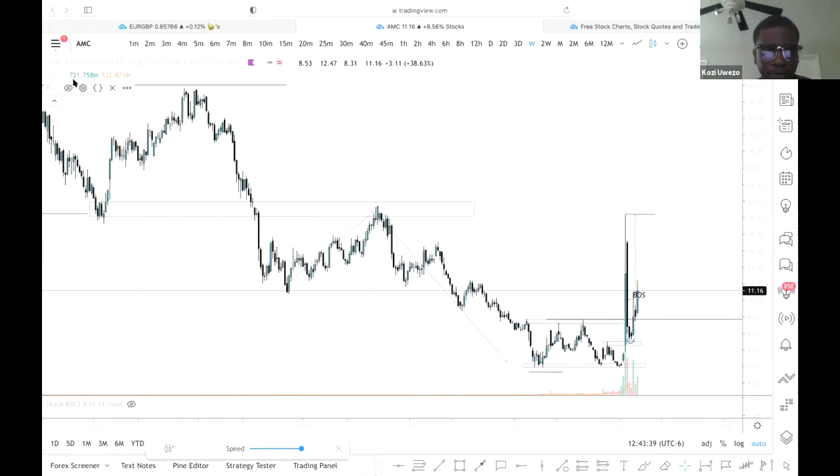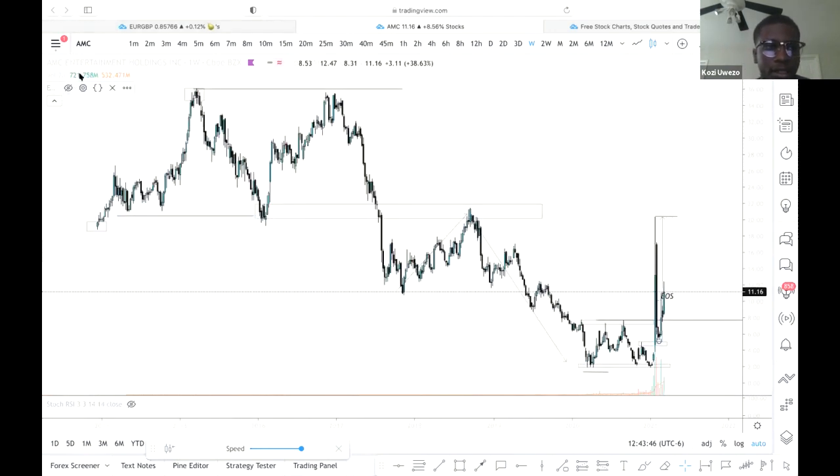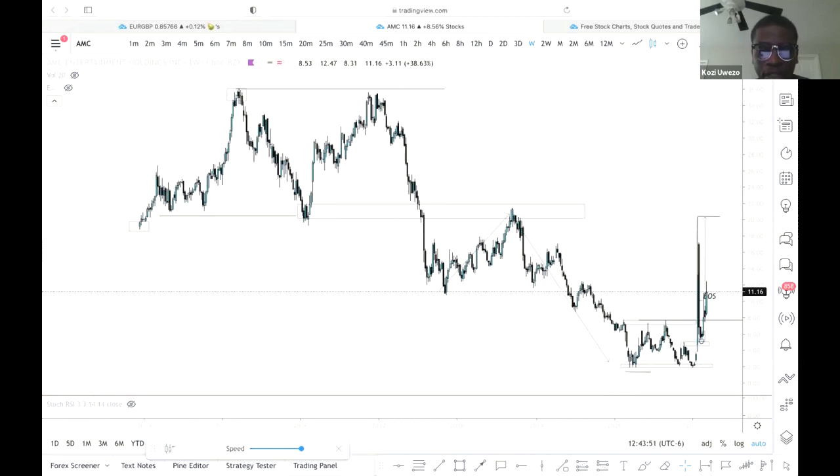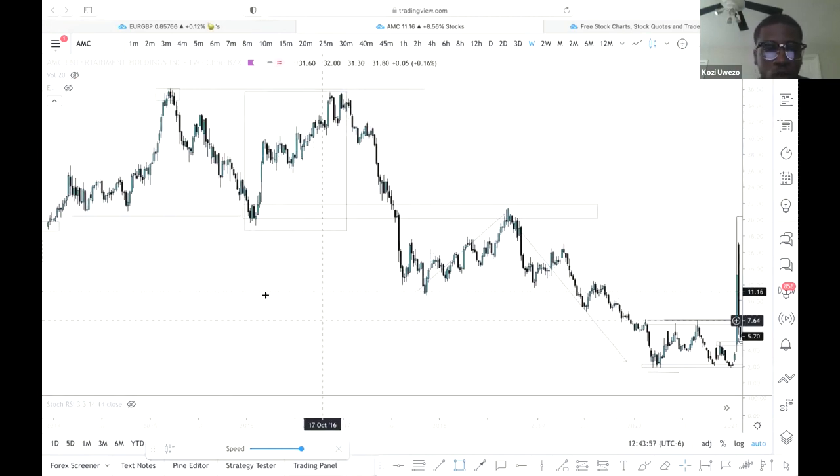Volume measures the volume within a candle, right? And if we see something like this, hold on, you have to pay attention to candlesticks as well. This is something we call momentum, because of the moves within the market.